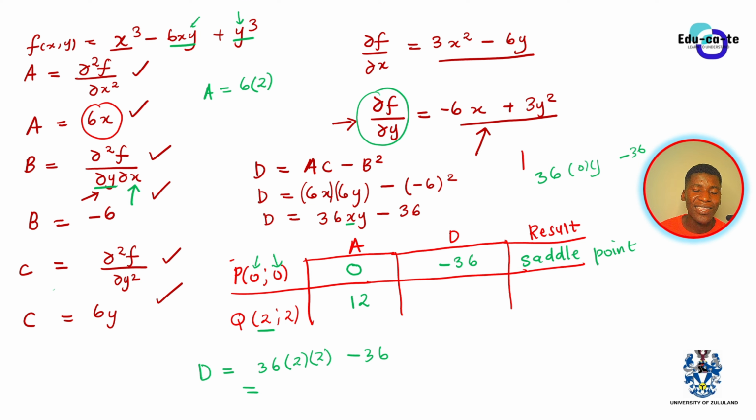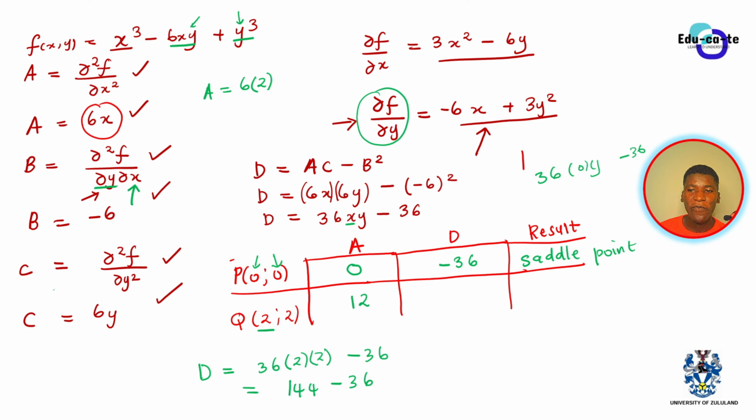So we can just say 36 times 2, you get 72, and 72 multiplied by 2, yeah, the maths is running away, it's 144. So this will be 144 minus 36.